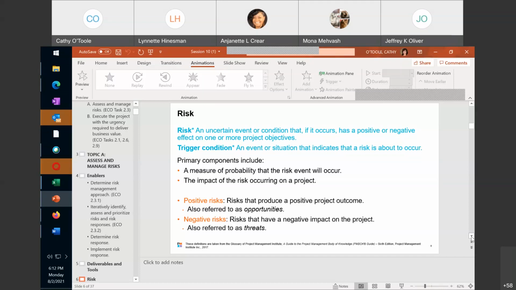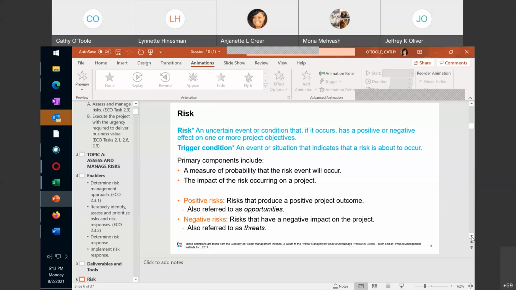So one time, we were getting ready to do a release of software to this custom application, and we couldn't do any testing because nobody was in the office because the office had to shut down for a hurricane. So that's an example of an uncertain event or condition that did occur, and it had a negative effect on one of our project objectives.